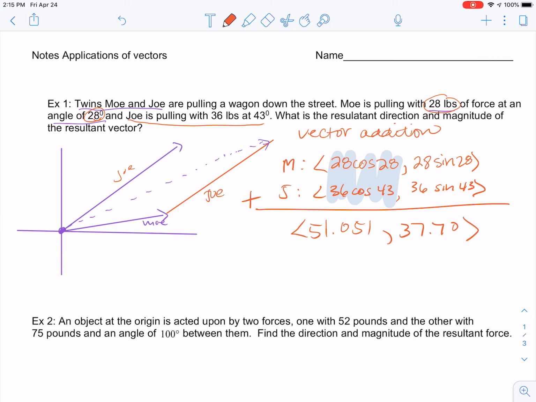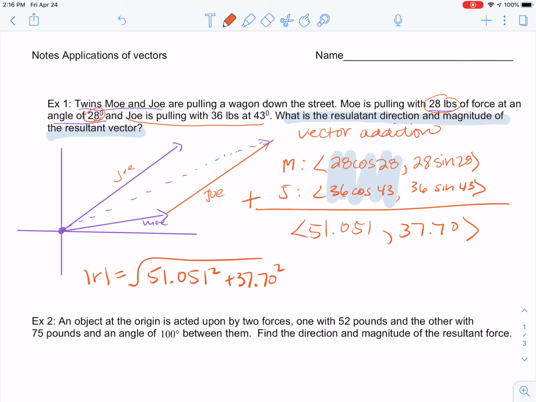So all I want to do now, it says, what is the resultant direction and magnitude? So now I want to use my information. I added those up. So the magnitude of the resultant is the square root of 51.051 squared plus 37.70 squared. And I'm just going to type that into my normal calculator, however you want to type it in.